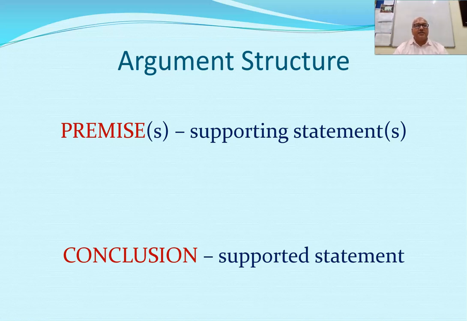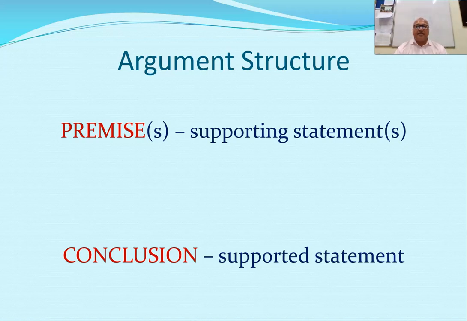The statements which are supporting that one statement are called premises in the technical language of logic. The supporting statements are called premises of the argument. And the statement which is supported by those statements is called the conclusion of an argument.